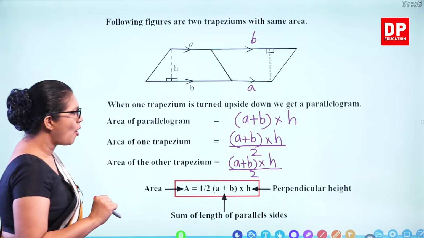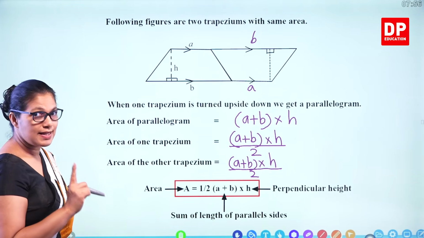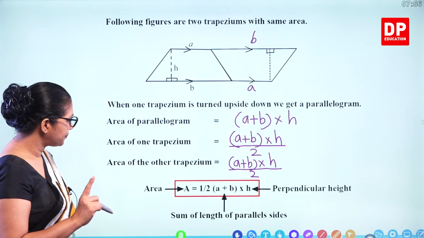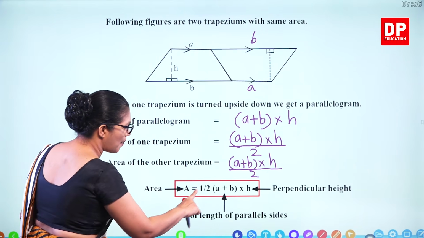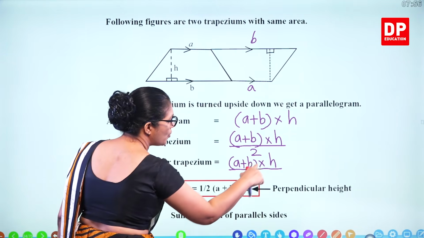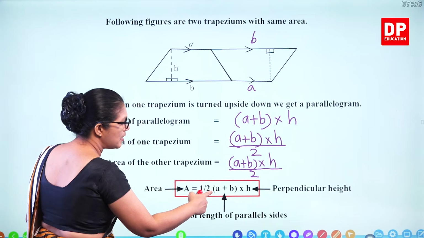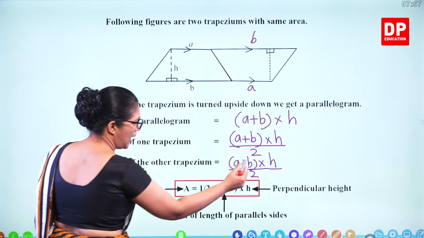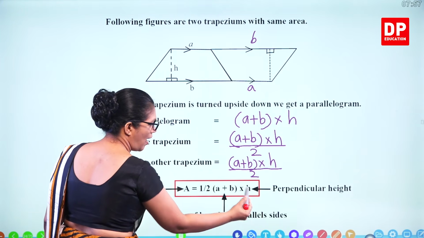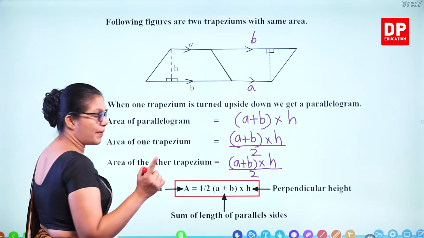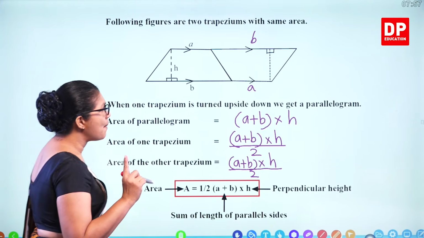So we get a formula now. What's the area of a trapezium? Area becomes half. So 1 over 2 here, divide by 2 means multiply by half. A plus B into height. H is the perpendicular height. So what is A plus B?